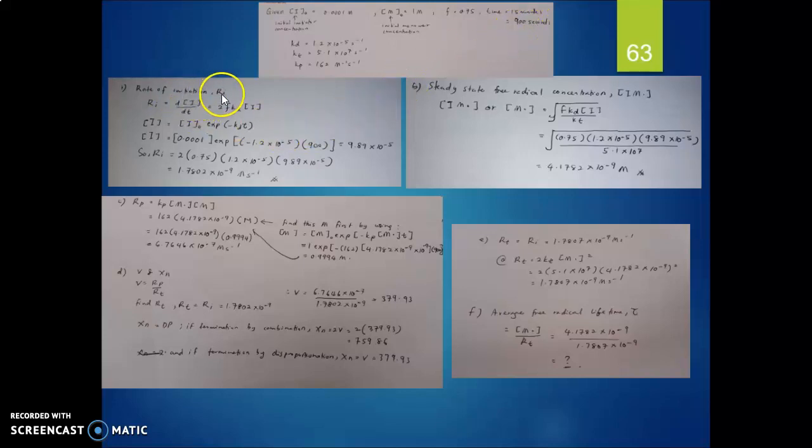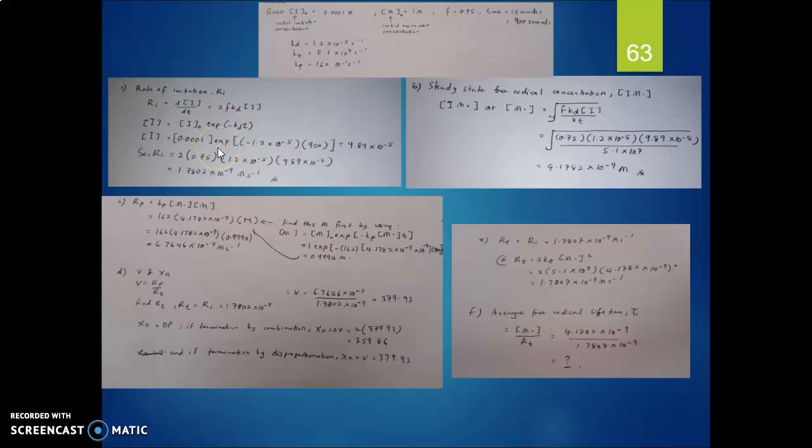Okay, for rate of initiation Ri, use this formula, but then you need to find the initiator concentration. Given is the initial concentration of initiator. So use this formula, I naught times exponential of negative Kd t.